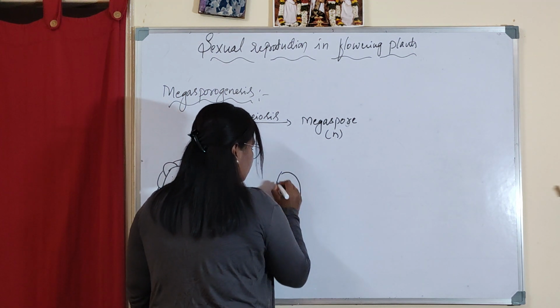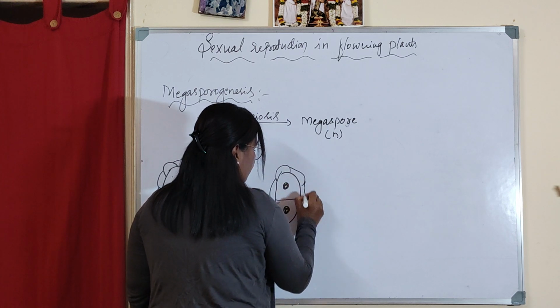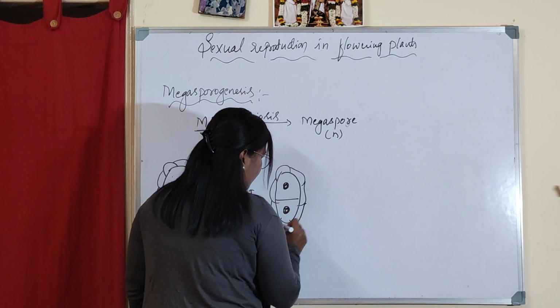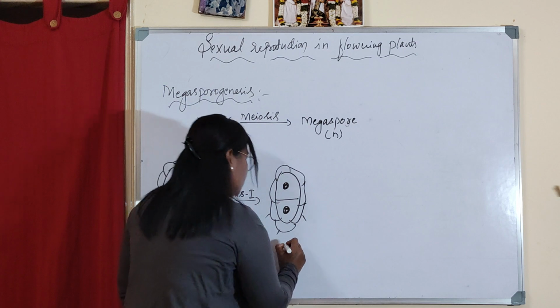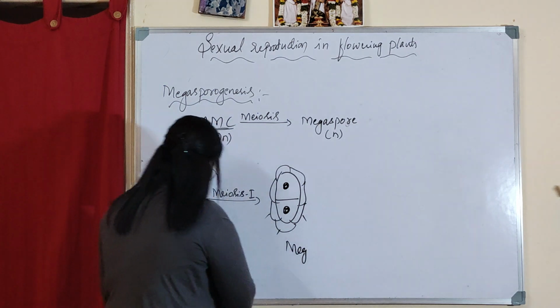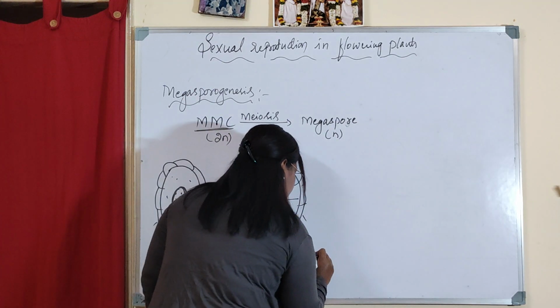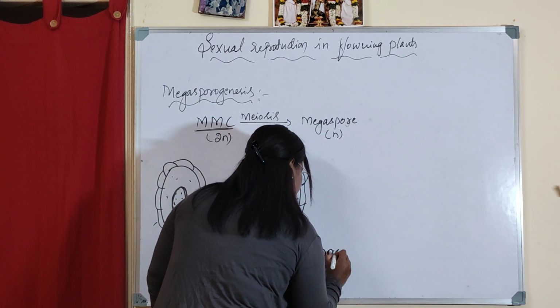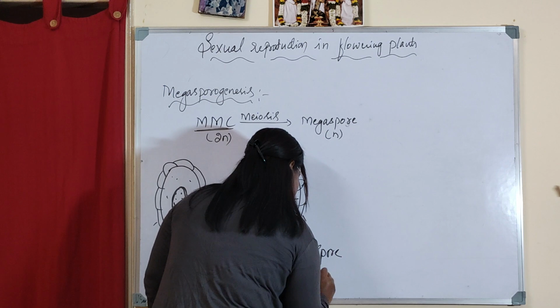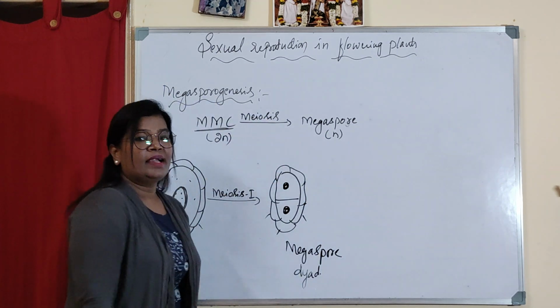This is the MMC, which is diploid, and the megaspore dyad is formed.